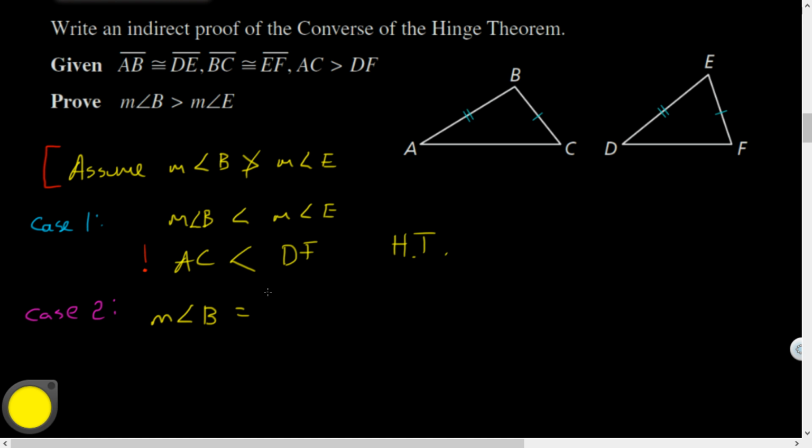If it's not greater, it could be equal. And if these angles are equal, then what would be true? That will be what I conclude, but first I'd have to say what?